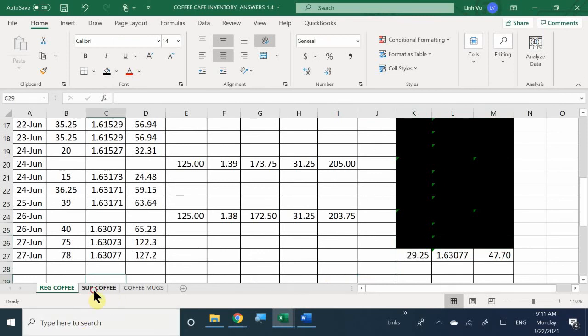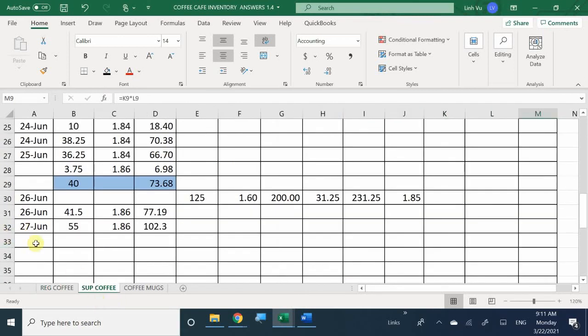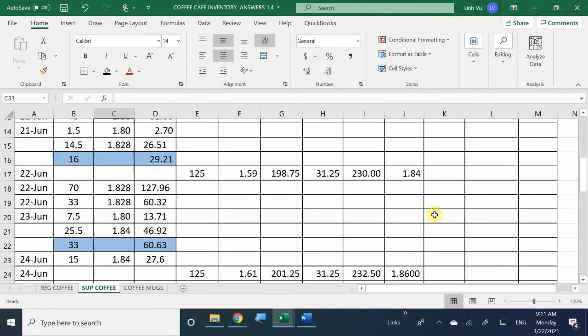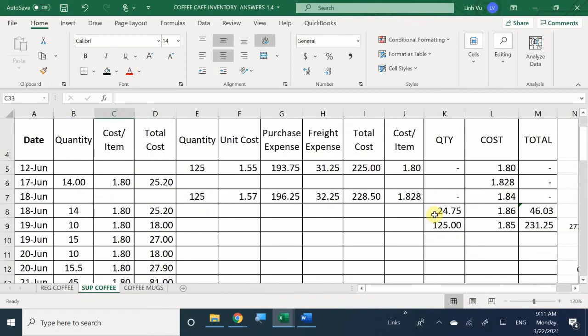Okay, now we're gonna go do our Supreme Coffee. $6.27. We sold 75 pounds. Okay, let's take a look at our batches. Do we have enough in both of our batches?